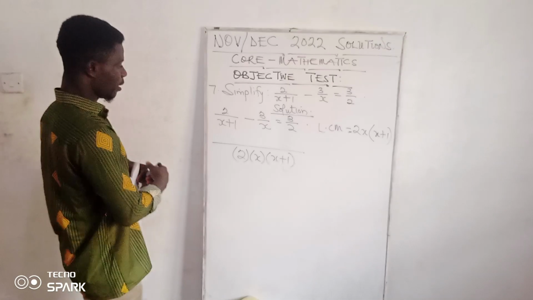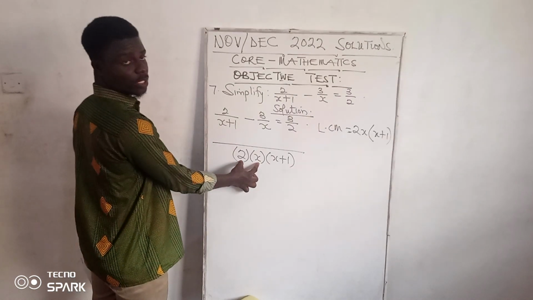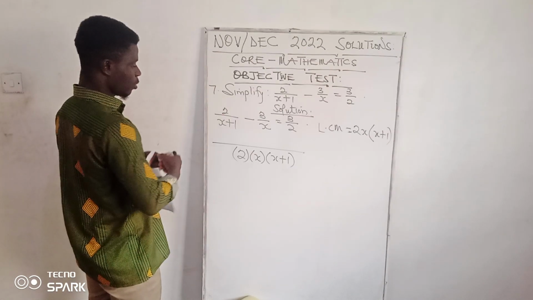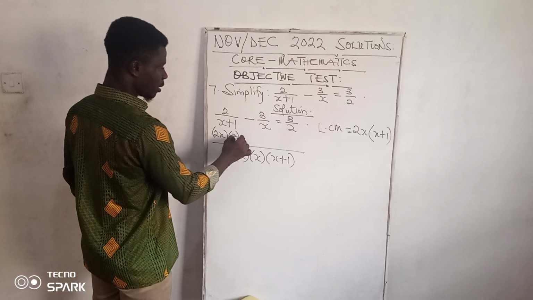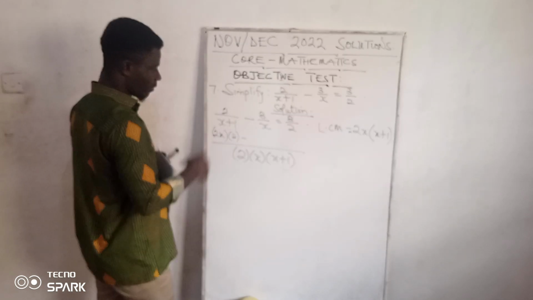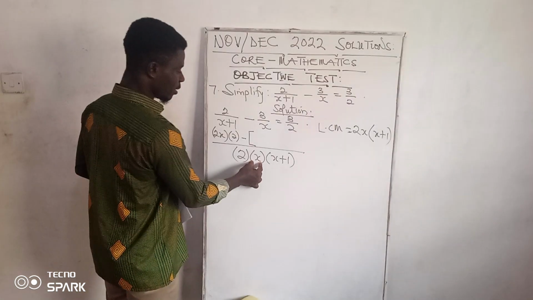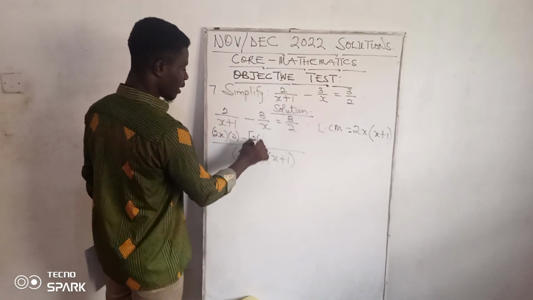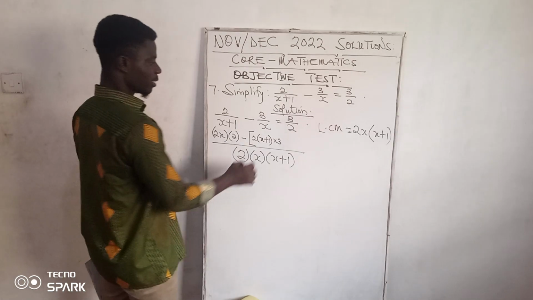Now x plus 1 takes the whole of that, so I get 2 times x, which is 2x, multiplying 2. Then minus x takes away that. Don't forget that the minus affects the whole of that. So it's left with 2 times x plus 1, then you multiply 3.